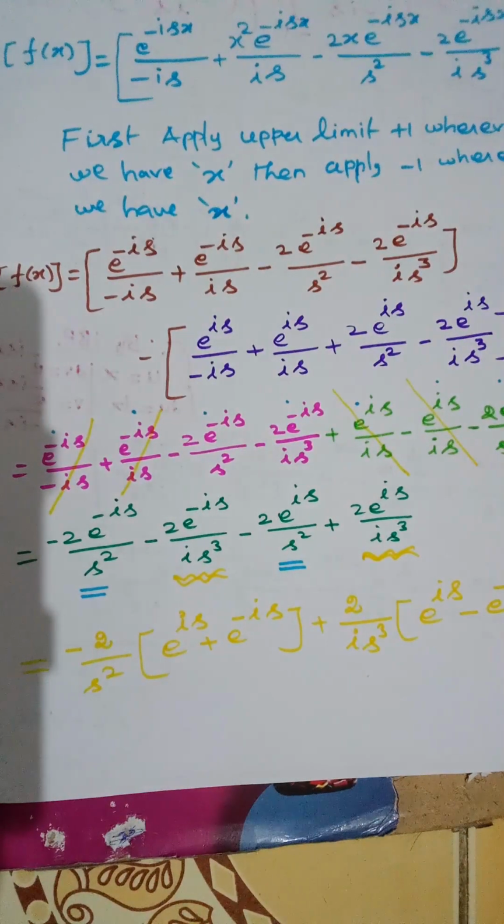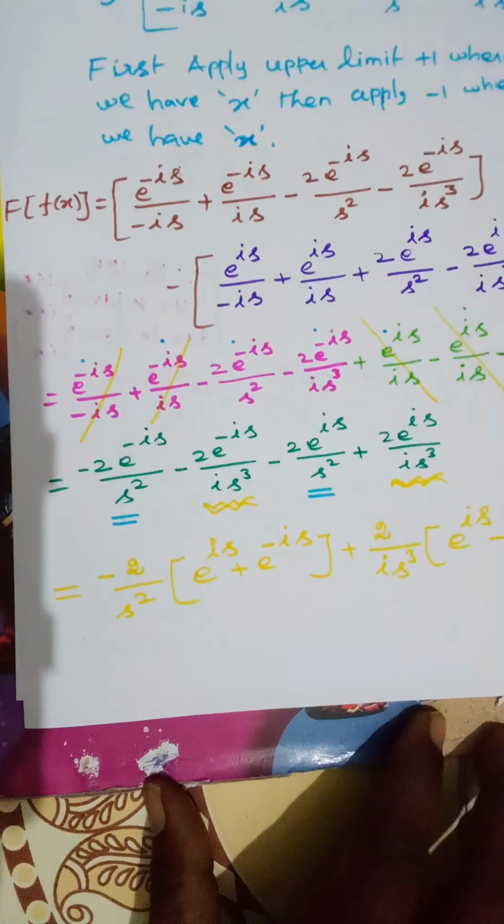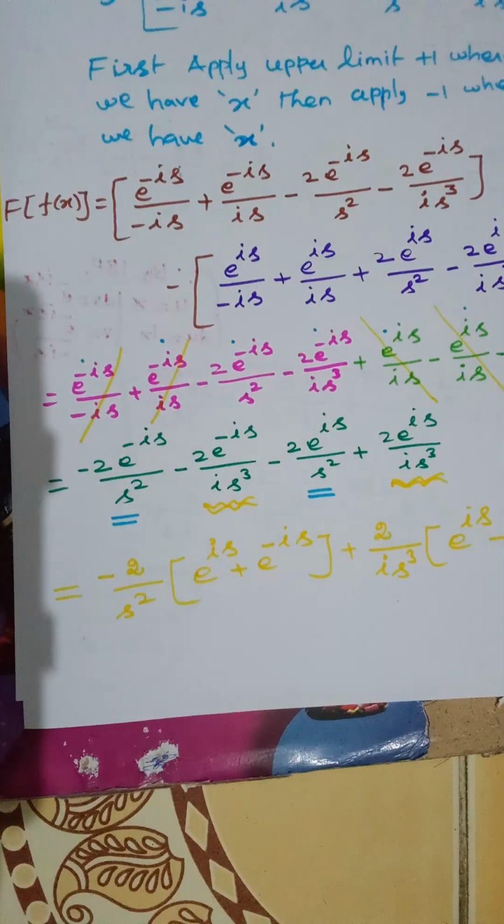Minus 2 e power minus is by s squared, minus 2 e power minus is by I into s cube, minus 2 e power is by s squared, plus 2 into e power is by is cube. So see the last line, which is in yellow color. Minus 2 I can take from the first and third, since they have the denominator s squared.